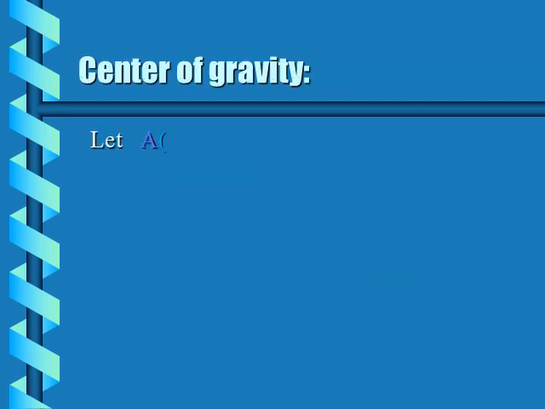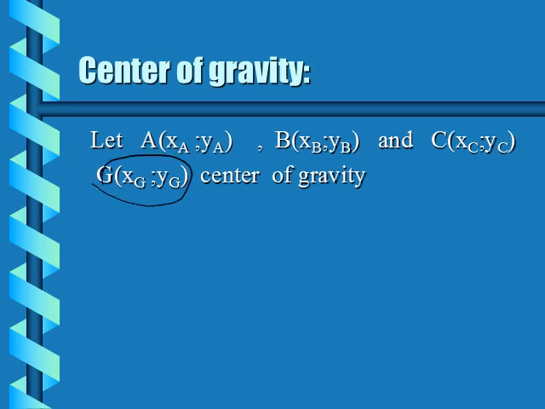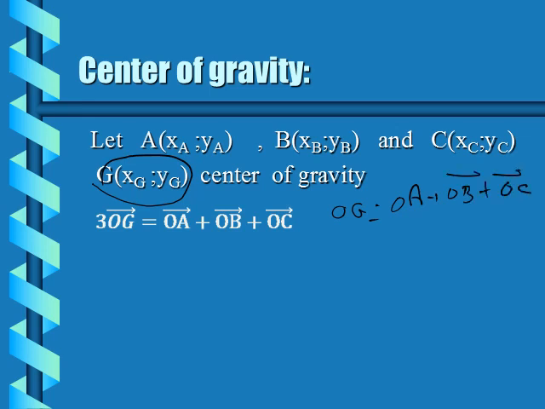Center of gravity. Let A have coordinates xA, yA, B xB, yB, C xC, yC, and G xG, yG, where G is the center of gravity. 3 OG equals OA plus OB plus OC, so OG equals (OA plus OB plus OC) over 3.